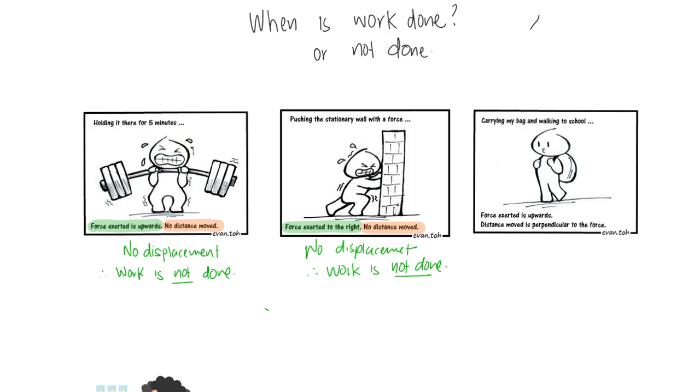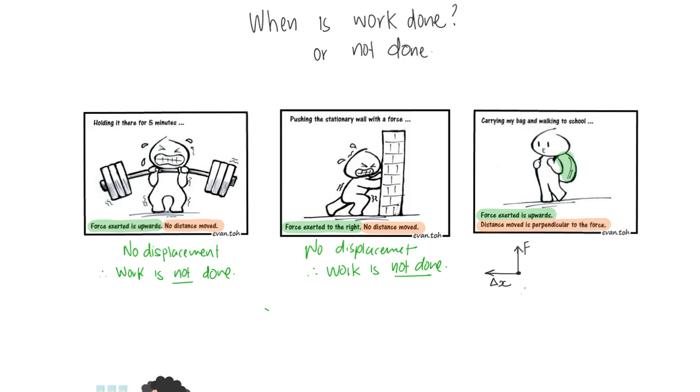If you were carrying your backpack and going to school, the fact that you're carrying your backpack means that there is a force exerted upwards on your backpack. However, if you notice here, the distance that you're moving is perpendicular to the force. So the force being applied is going this way, but the displacement is going in a totally different direction.